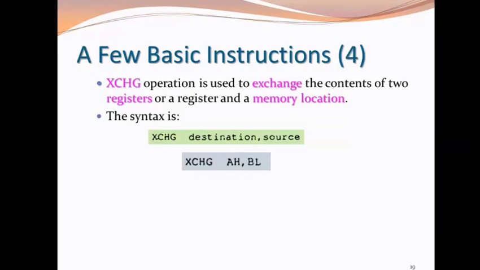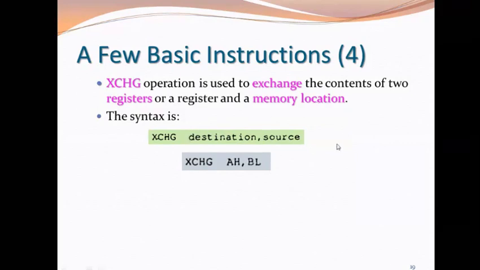But in exchange you are swapping between the two registers or a register and a variable, I mean the memory. Look at this, the exchange operation is used to exchange the contents of two registers or a register and a memory location.